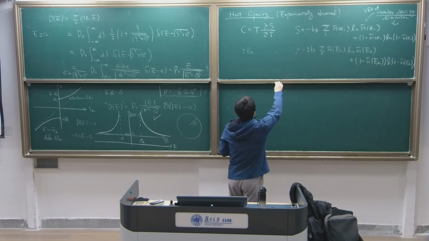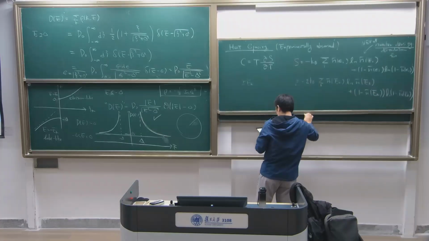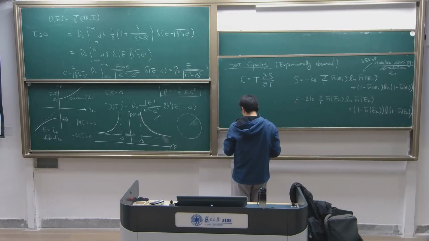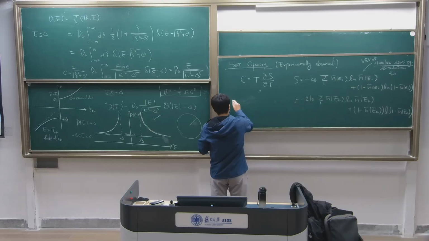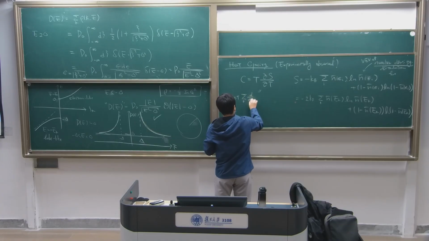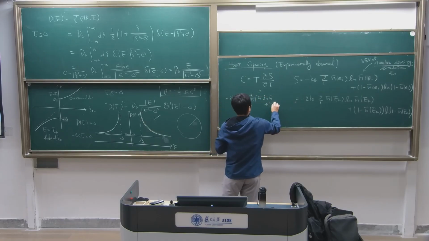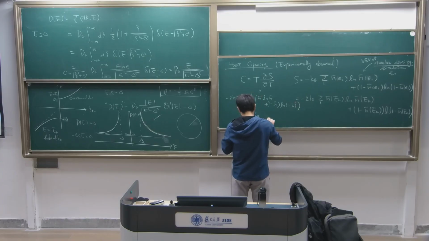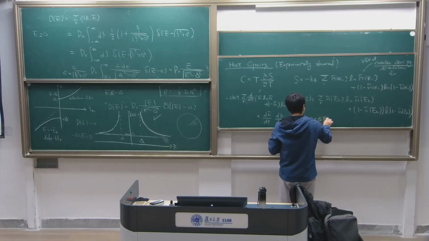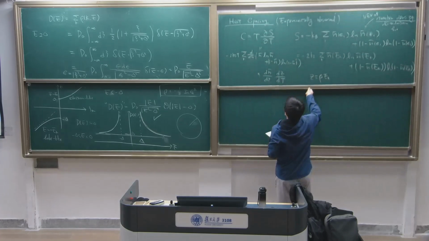Now we will perform the derivative with respect to temperature. So this one is equal to minus 2 k_B sum over k of the bracket times dn bar over dT.